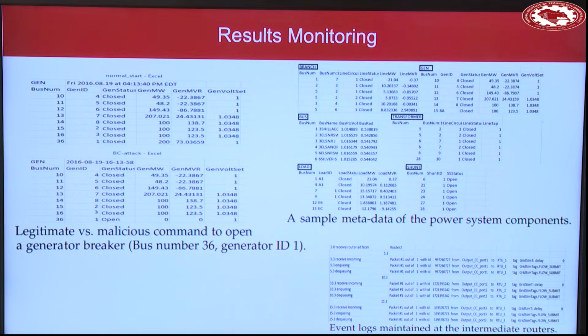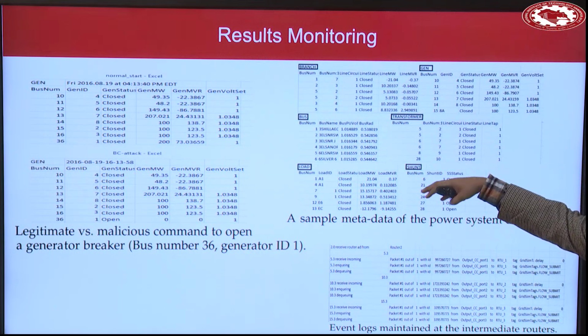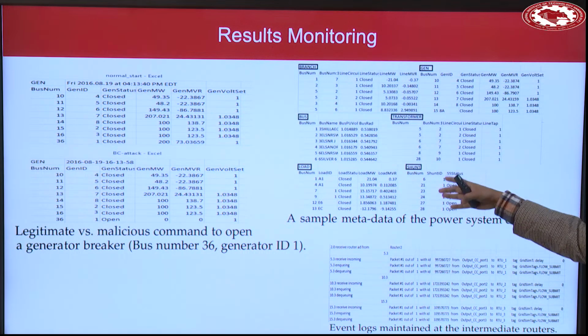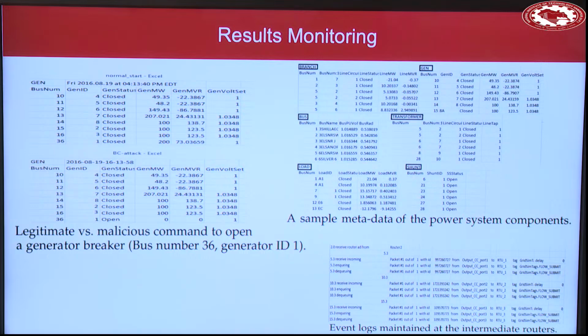These are the power system quantities. You have buses, generators, their capacity, transformers, loads, and other things. We are also keeping, as I said, logs on the communication side: how many routers you have, what time they're sending packets, what the size of the packets is, and so on.